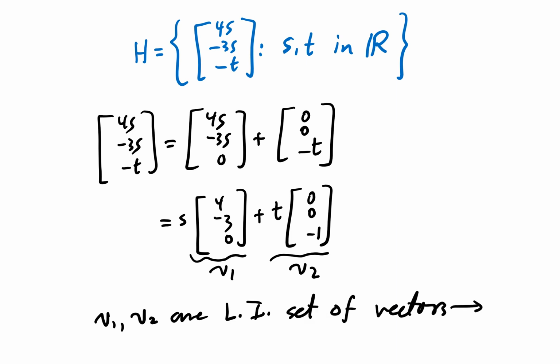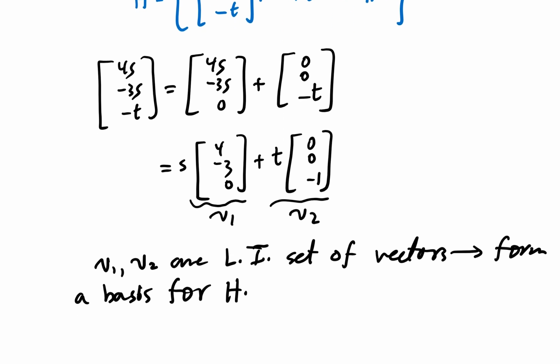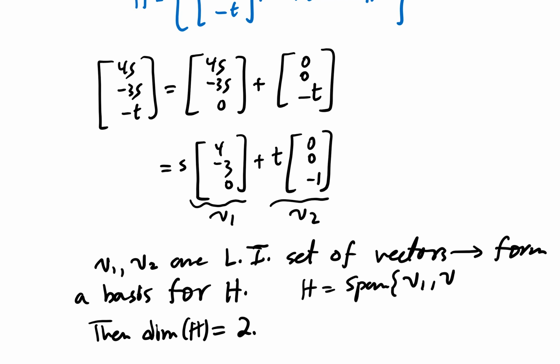This means they form a basis for H. Since they form a basis for H, then the dimension of H is exactly 2. So H here is the span of v1, v2.